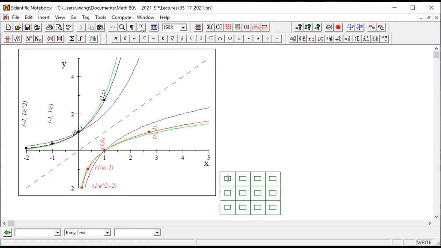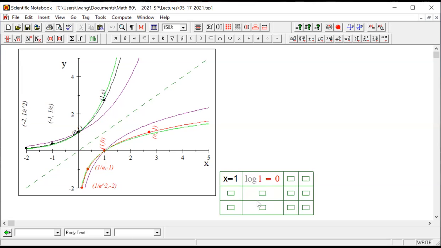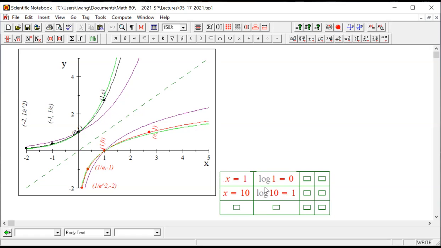So suppose I choose x equals 1. Log 1 equals 0. That still crosses this point, 1 comma 0. If x equals 10, what will happen? Log 10 equals 1, right?